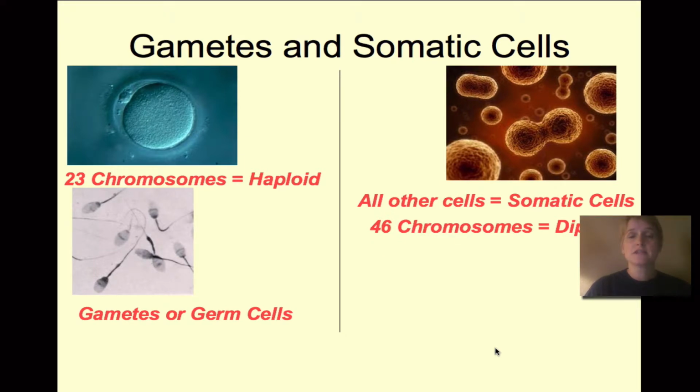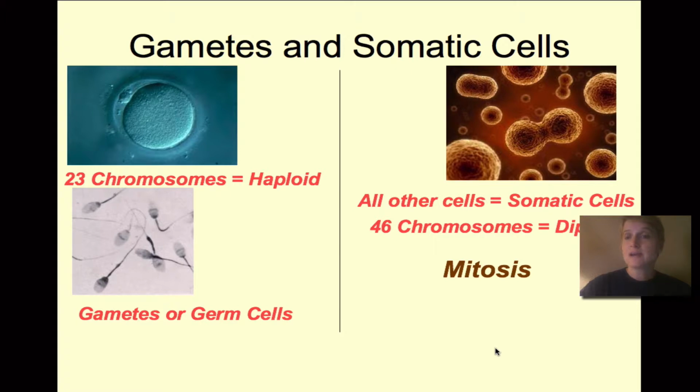They have an entirely different process of cell division to ensure that the sperm cells only have 23 chromosomes and the egg cells have 23 chromosomes, and that there is some different genetic variability in there. So let's take a closer look at how this happens.